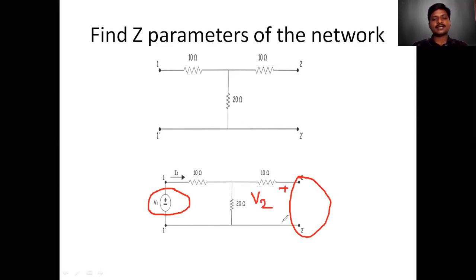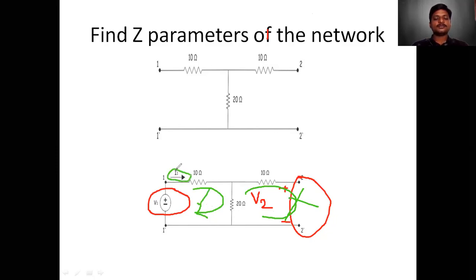Since current is not flowing through this path, there is no path for current to flow here. Therefore, the only path for current is here, and that current is I1.